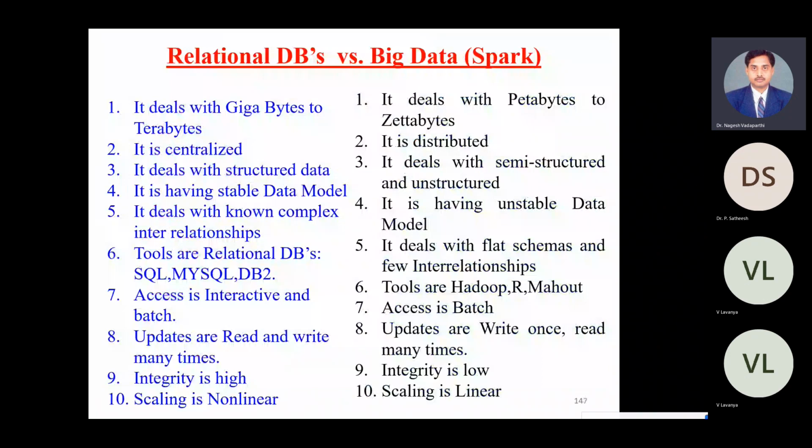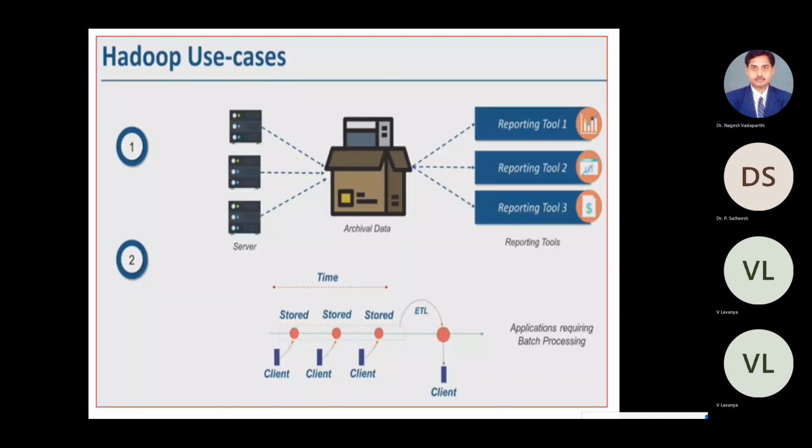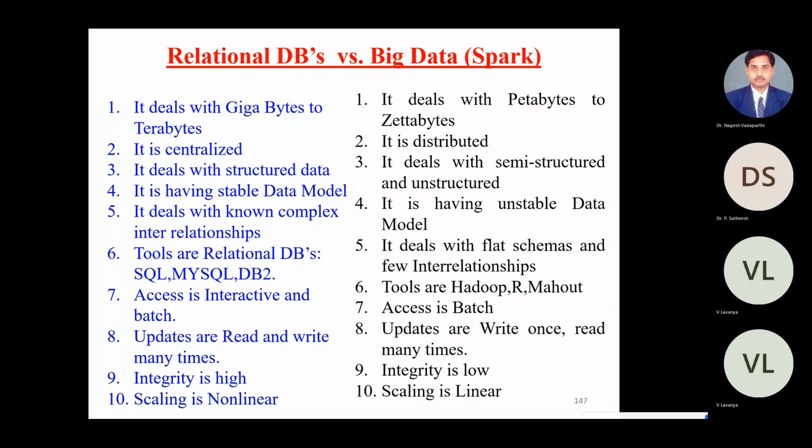I'm going to explain the differences between Hadoop and Spark. Before going to that, what are the differences between relational databases versus big data, that means Spark? Then you come to know the major differences between Spark and Hadoop.